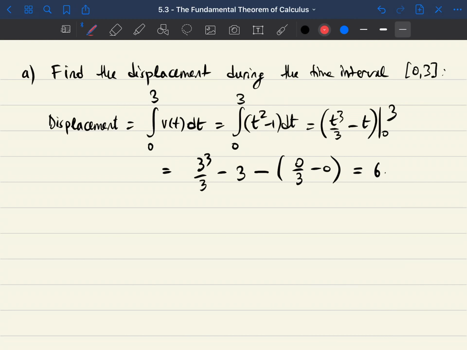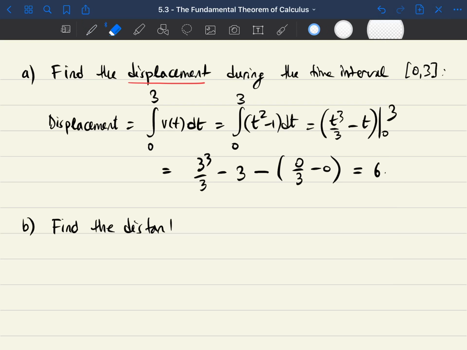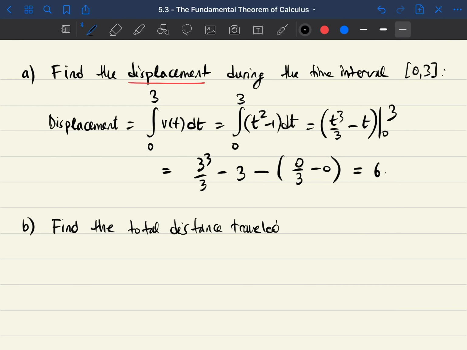Now this is if you do the displacement. Now if you want to find the total distance traveled during the time interval 0, 3, then we have to find the integral of the absolute value.